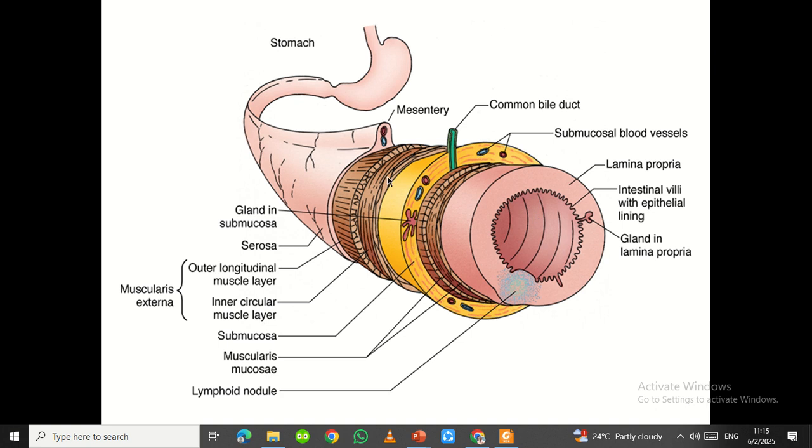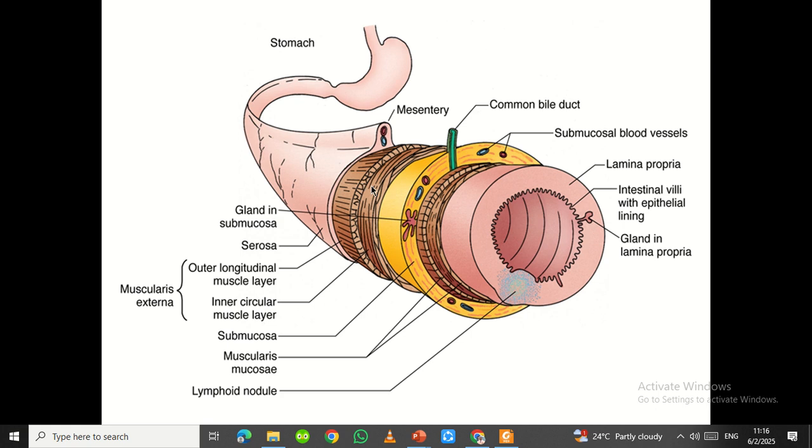And then this outer layer is going to be your muscularis externa, which is divided into two in most parts of the GIT. This is going to be your inner circular layer, and this is going to be your outer longitudinal layer.